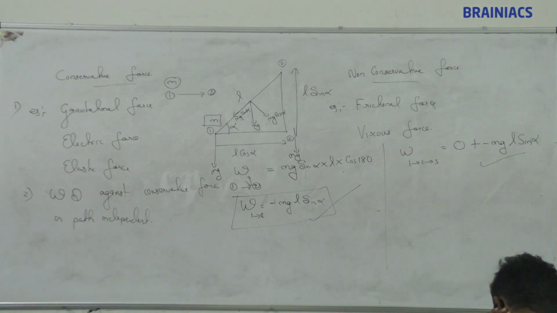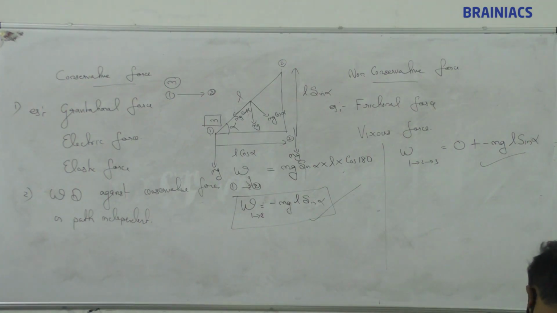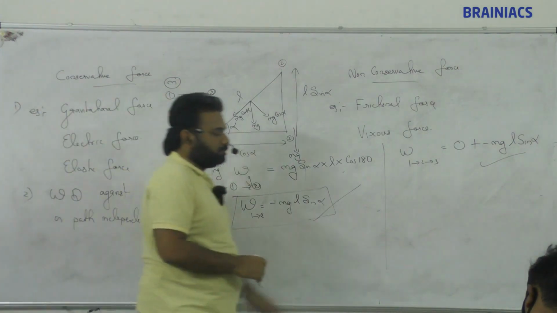Okay, fundamental idea. This is the reason why in potential also, in an equipotential surface, the work done will be 0. Whichever way we take, things will be path independent. Clear?